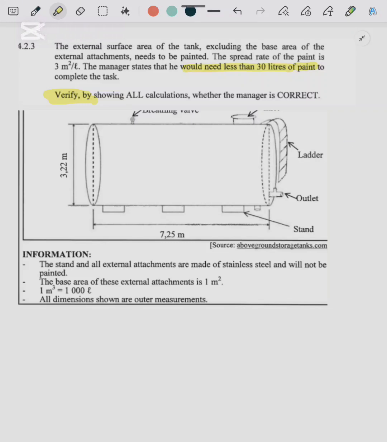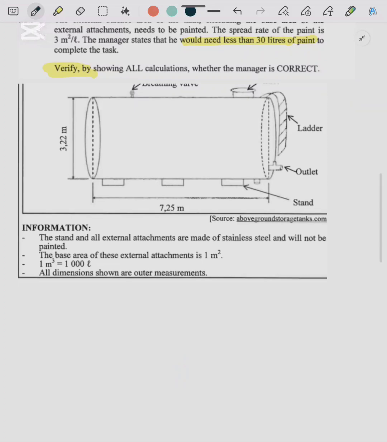Okay, so this tells us already that we're talking about surface area. And we are actually given the formula for surface area of a cylinder. I haven't got it typed here, but I'll write it out quickly. They do give it in the paper. We're told that the surface area is going to be 2 times 3,142 times radius plus height. And they tell us the R is radius and the H is height. So the first thing we need to do is work out the actual surface area of this tank.